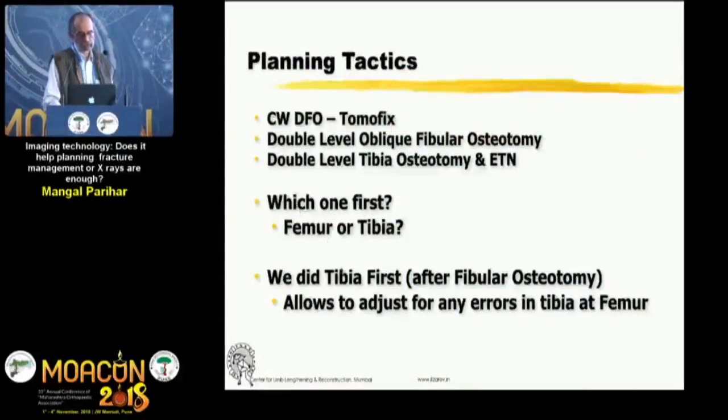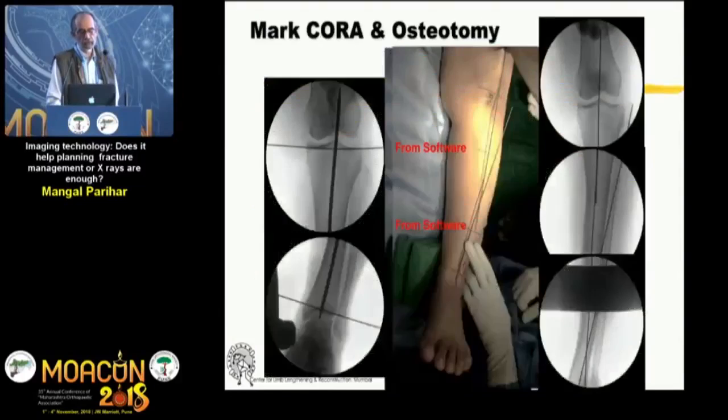In our case, we did the tibia first after a fibular osteotomy, and that allows me to adjust for any errors that we may have made, a couple of degrees in the tibia. I can adjust for that in the femur. So all of these markings, the distance of the osteotomy from the knee, this is all obtained from the software. And there's very little thinking that needs to be done in the theater.